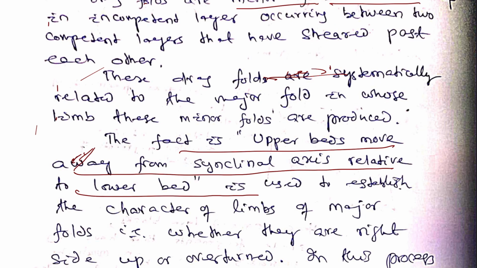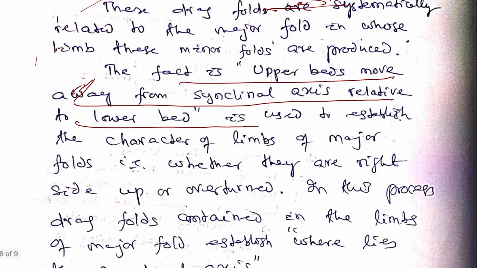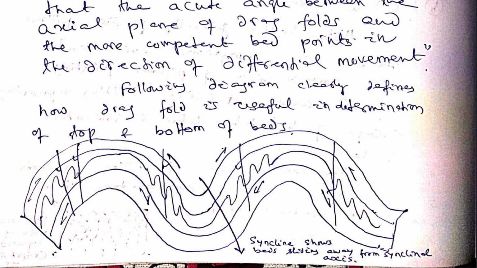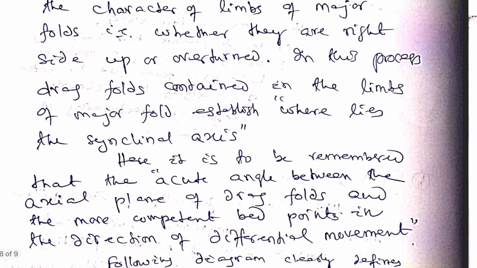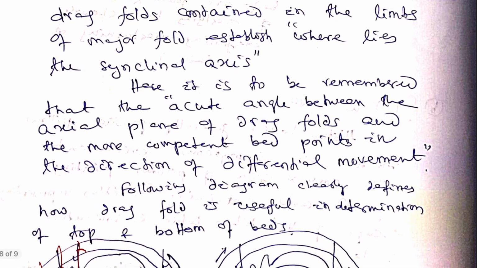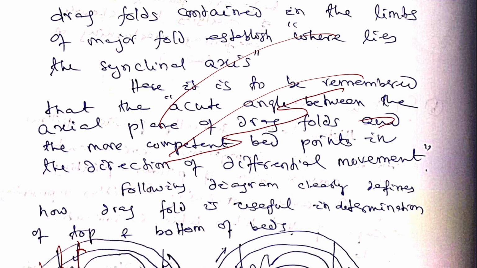And the incompetent bed in which the drag folds are found, their axial planes make a certain angle with the overlying bed or the underlying bed, and the fact is that this is the acute angle.